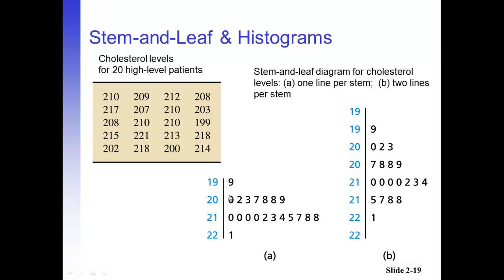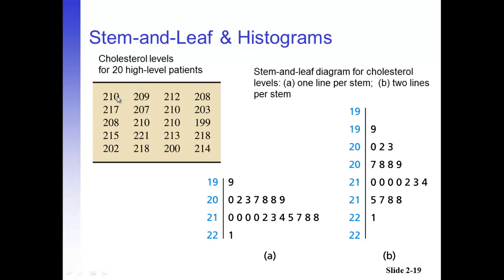Now, in this particular case, we see that we're only getting 4, essentially it would be like 4 bars in a histogram, and we might be able to see a little more of the pattern if we could split each of these into 2, and that's what we mean by split stems. So the stems are the 19, the 20, the 21, and the 22.